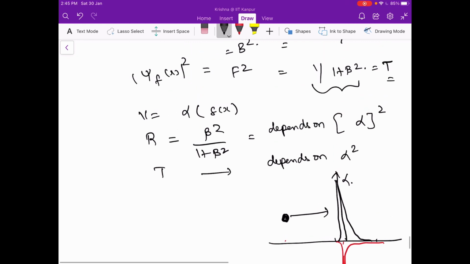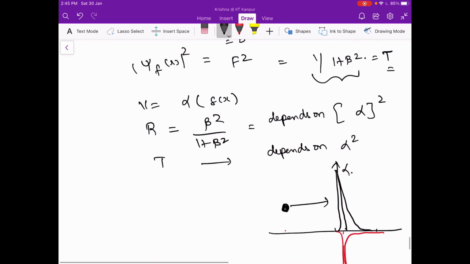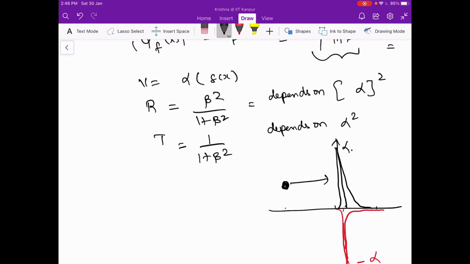So for instance, T is 1/(1 + β²), and β is proportional to α. So higher the value of α, the transmission probability is going to reduce, which is obvious and intuitive, right? Higher the value of α, smaller will be the probability to transmit, and higher will be the probability to reflect. That's understandable.